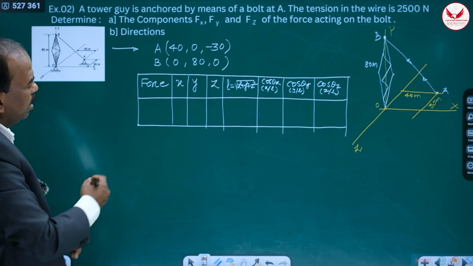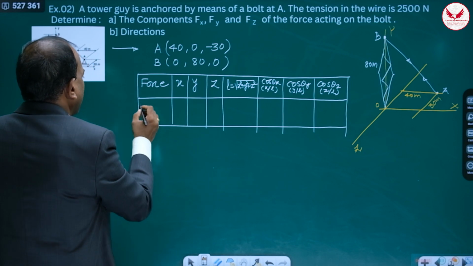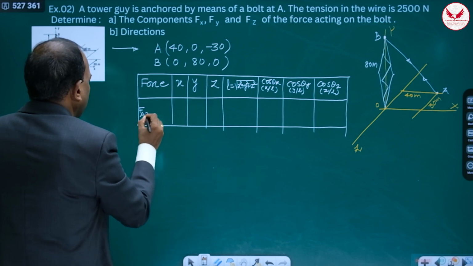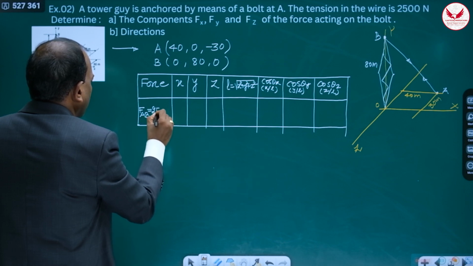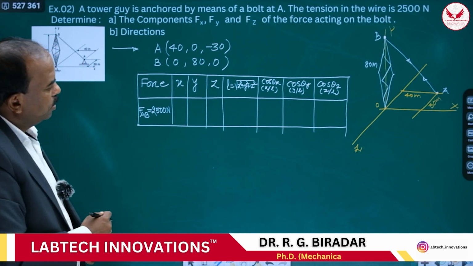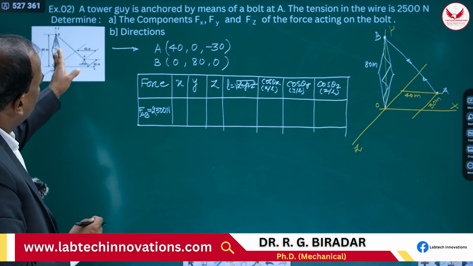That force is FAB, and it is given as 2500 Newton. And we have to calculate.